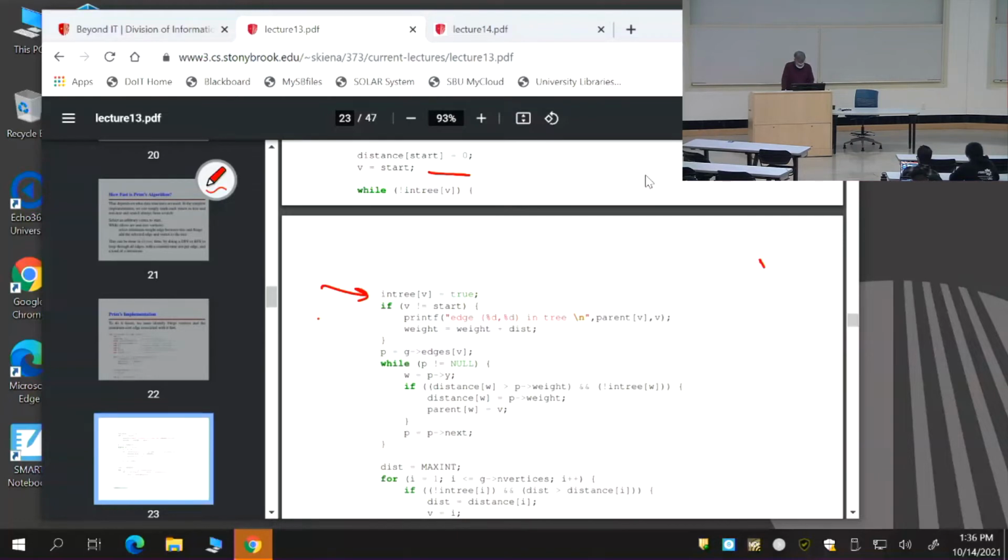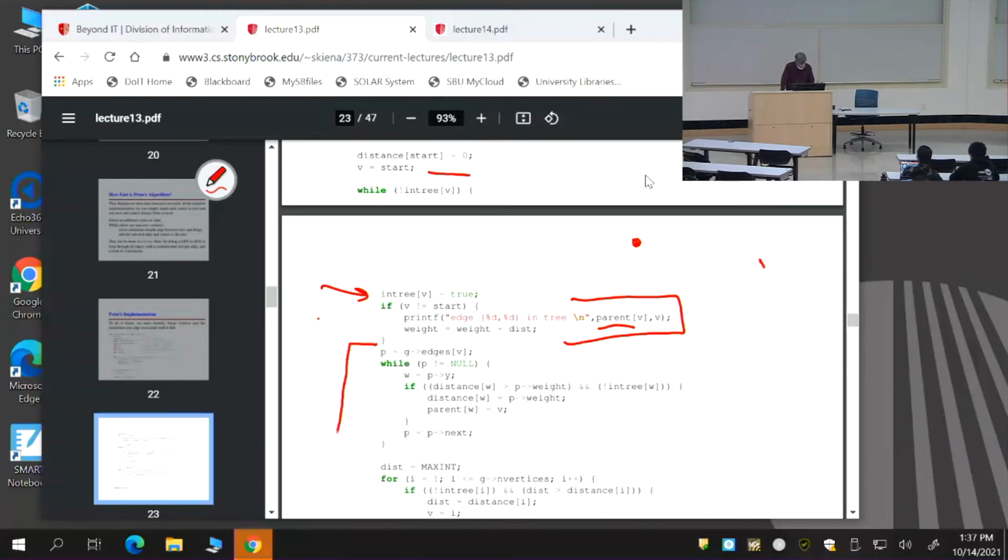In general, the edge that got V into the tree is the parent of V, going to V. This is kind of the update. In general, except for the start vertex, what was the cost of adding it to the tree? Nothing, it's a start. In general, there are n vertices, n minus 1 additions of vertices, and we will deal with that. What is my next step?